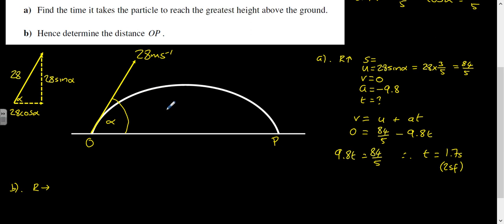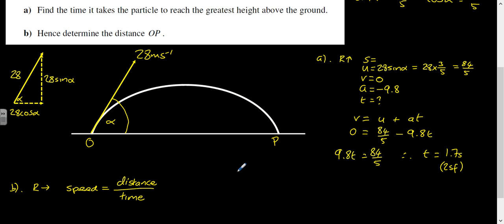And that's a little bit tricky to get your head around, but once you do, these questions become remarkably easy. Because whenever we're working horizontally, we're just using the fact that speed is distance over time. Yeah? The speed is distance over time.